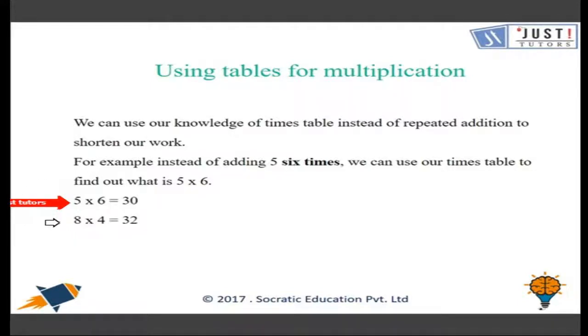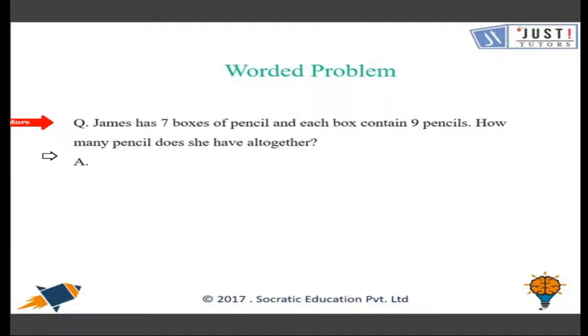Similarly, to find out 8 times 4, we can use our knowledge of the 8 times table, which is equal to 32. Now let's see how we can use it with this example. James has 7 boxes of pencils, and each box contains 9 pencils. How many pencils does she have altogether?